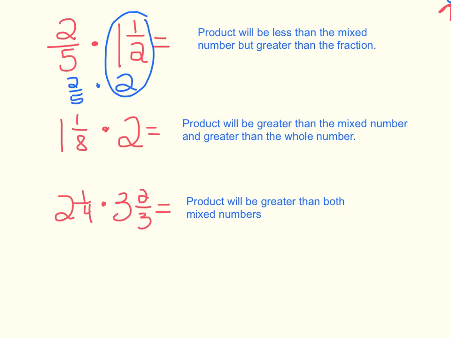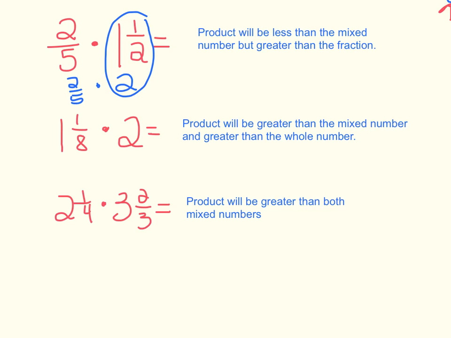So anytime you're multiplying a fraction by something that is greater than 1, the product's going to be less than the mixed number, or less than the part that's greater than 1, but it's going to be greater than the fraction itself. In the situation we have, 2/5 of 1.5 will be less than 1.5.